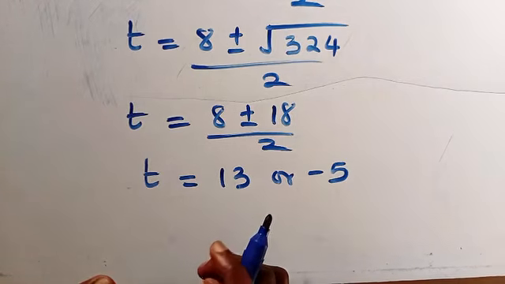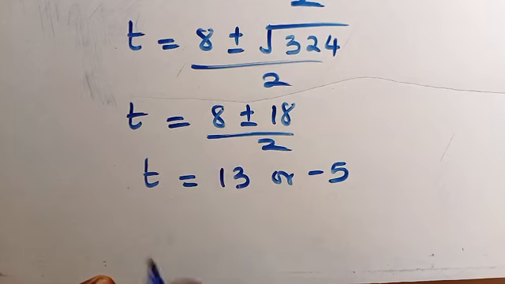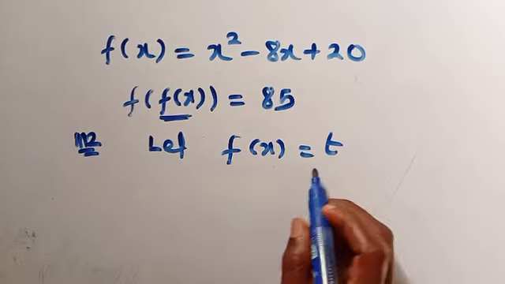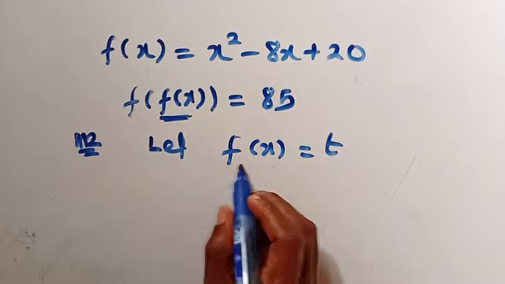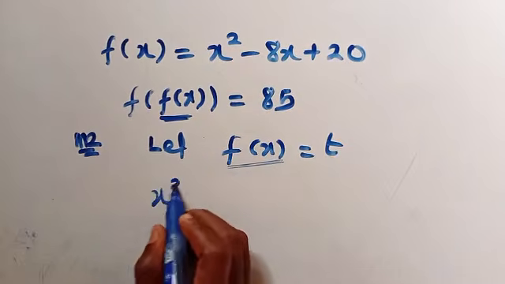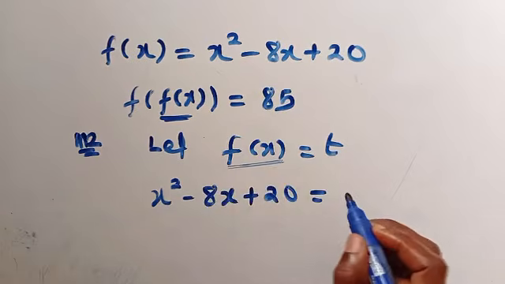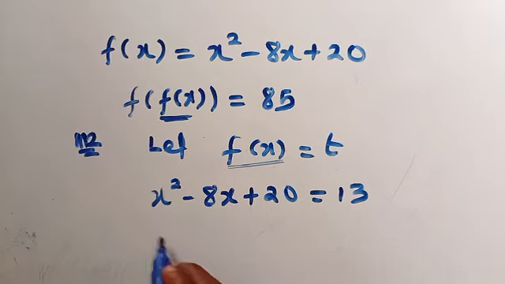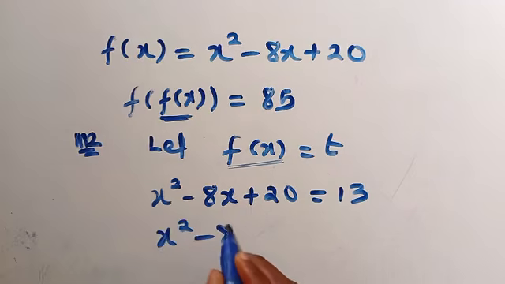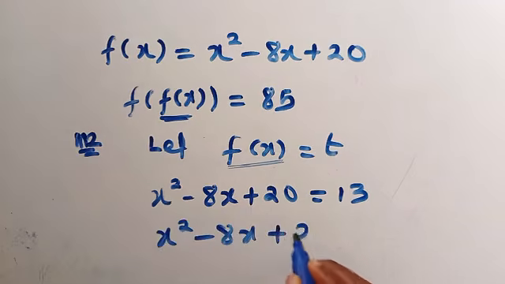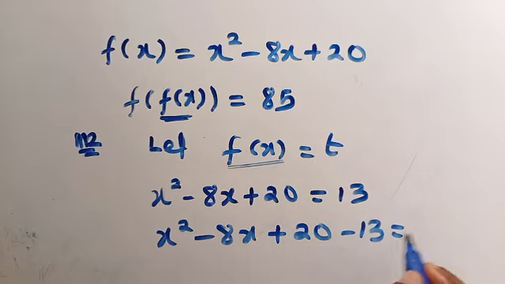So from f of x equals t, we take the first one. For f of x equals t, we have f of x itself given as x squared minus 8x plus 20 equals 13, when t is 13. And here we have x squared minus 8x plus 20 minus 13 equals 0.